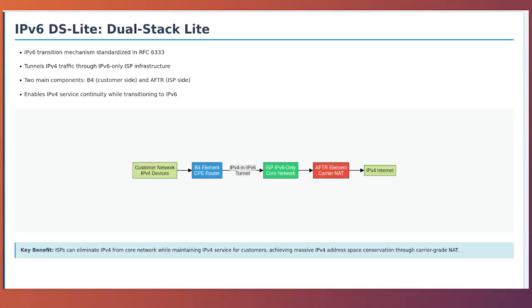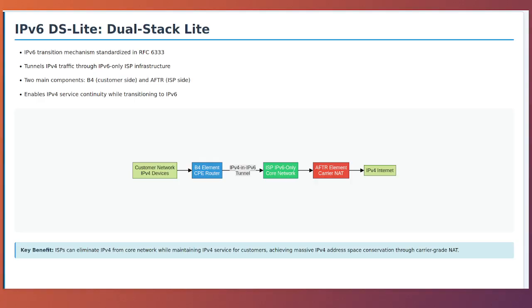The architecture of DS-Lite consists of two main components. On the customer side, we have what is called the Basic Bridging Broadband Element, or B4 for short. This device sits at the customer premises and handles the encapsulation of IPv4 packets into IPv6. On the ISP side, we have the Address Family Transition Router, abbreviated as AFTR.